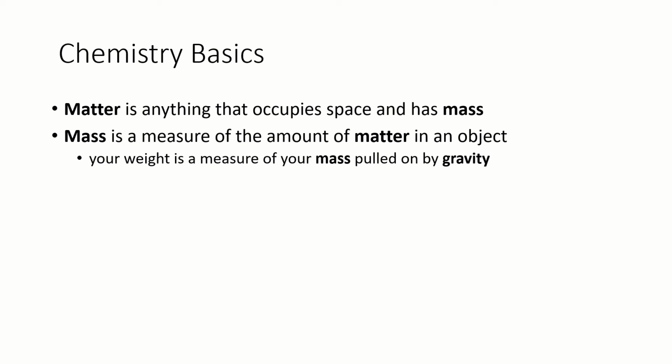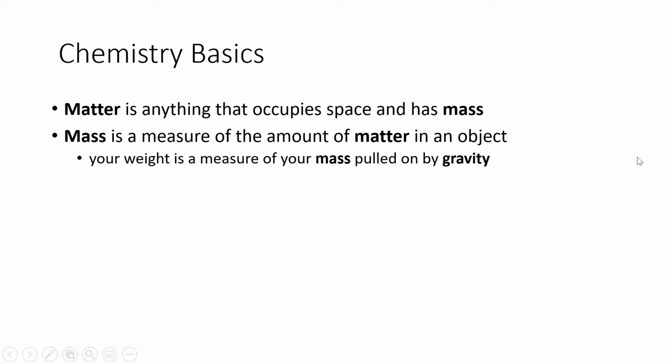Mass is the amount of stuff that gravity can pull on. So weight is a measure of your mass, or the mass of anything pulled on by gravity. So your weight on Earth is the same as your mass on Earth, and we measure that in grams or kilograms. In everyday life we measure it in pounds, but in science, we use the metric system.